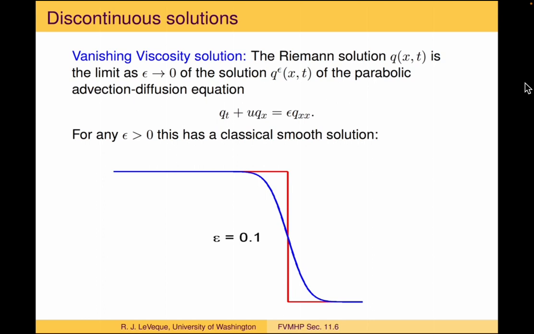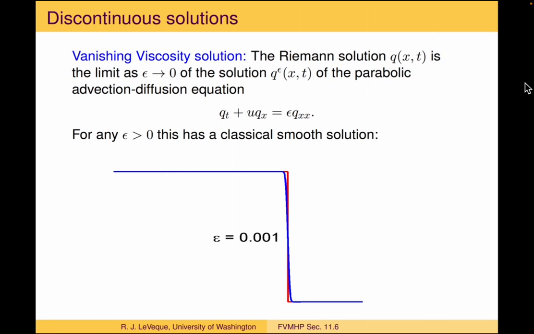So the real way to understand the discontinuity in the solution of the hyperbolic equation is to remember that it's really the solution typically of a viscous equation, but the viscous parameter is so small that we'd like to ignore it. So we can look at what happens in the limit as this parameter epsilon goes to zero. As we decrease epsilon, the solution of the parabolic equation becomes more and more like this discontinuous solution of the hyperbolic equation.